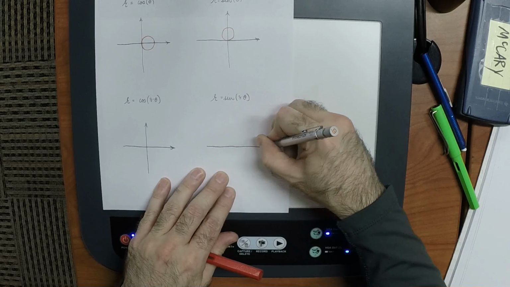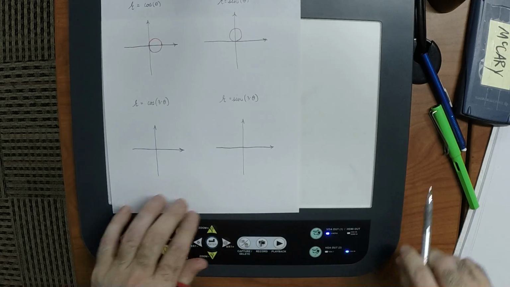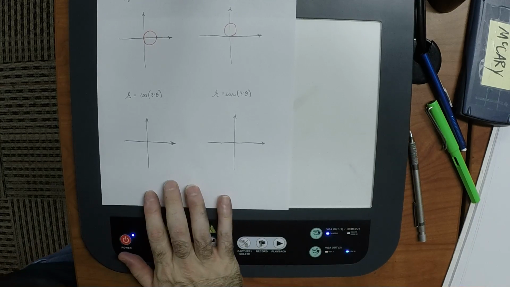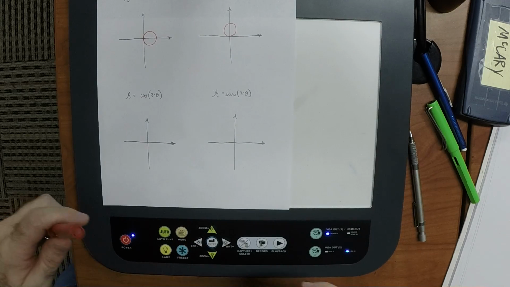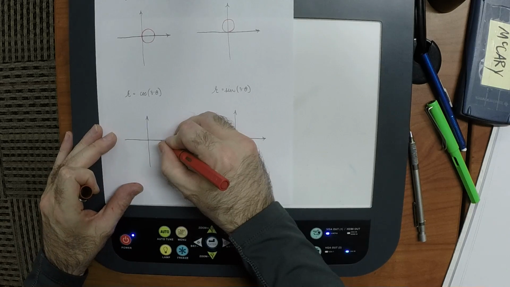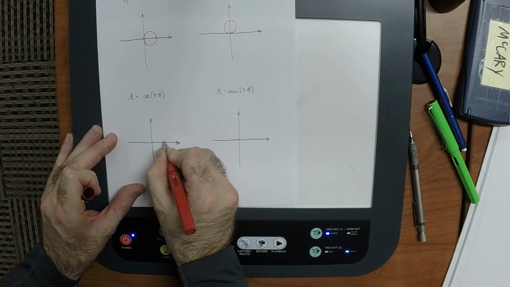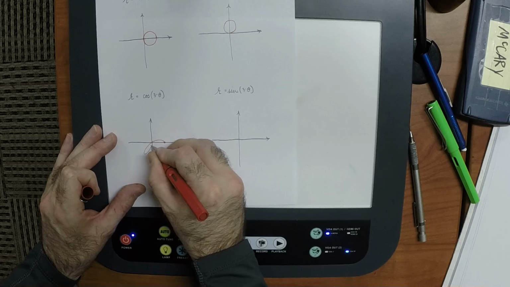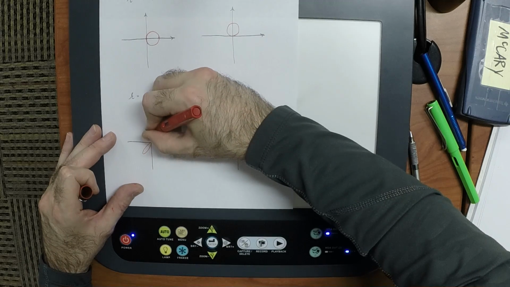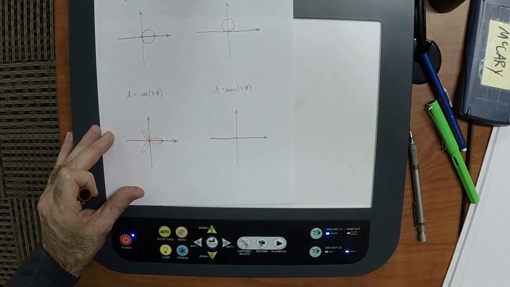Because we're multiplying by 3, we're going to cycle through the angles very quickly. In the end, that's the meaning of it. This one will end up looking like this. We'll start out here at 1 at angle 0, then we come back and make it to the origin, then we make it down here and come back to the origin, and end up out here, and then we go back to where we started.